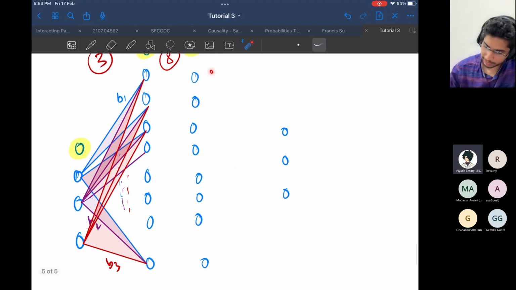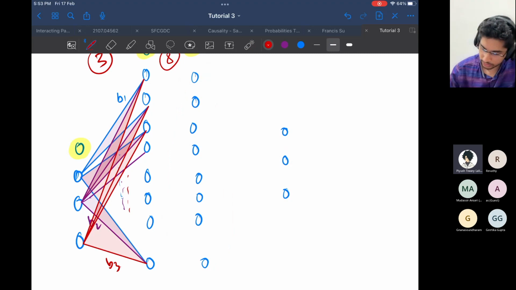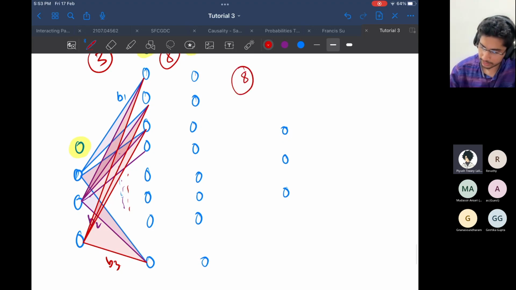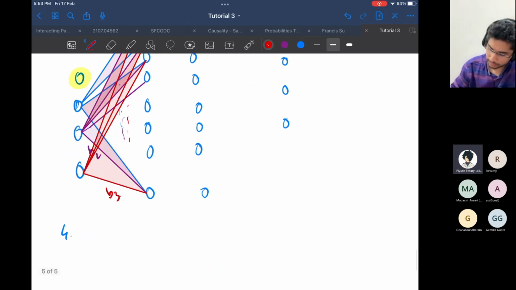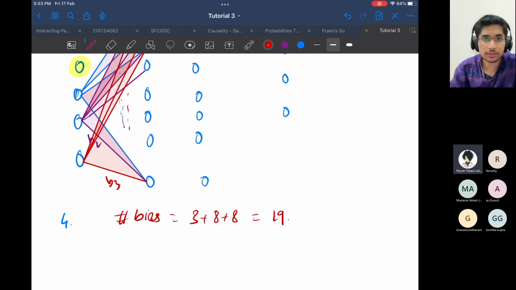By similar logic, the number of bias terms will be equal to the number of neurons, which here is 8. You again have 8 neurons here. So the total number of bias terms is 3 plus 8 plus 8, which is 19, which is your fourth option.